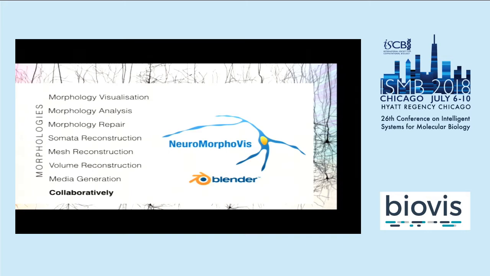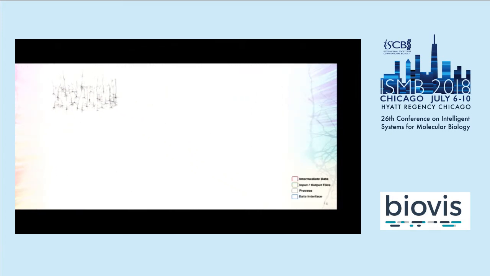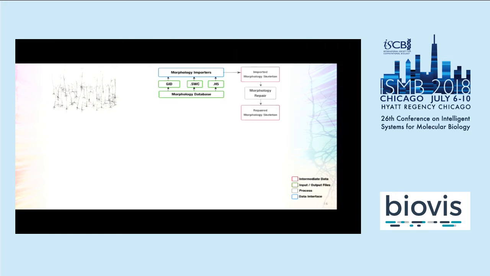And here I will just try to give a glimpse of the functionality of NeuroMorphoVis, but of course, the time won't allow us to explore everything here. So I'll simply start as follows. We have a morphology database. From this morphology database, we import the morphologies from different standardized file formats, and then we try to repair the morphologies.